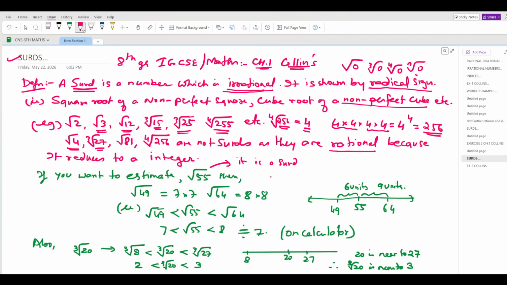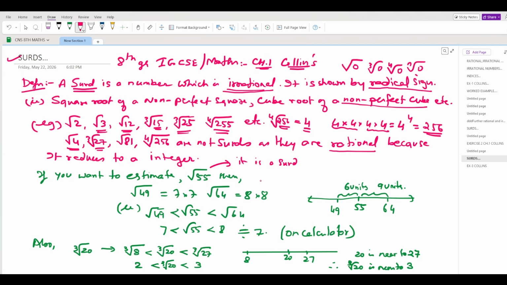Okay. Second thing is, if you want to estimate the value of root 55, what is the trick? What is the method, and what are the steps that you have to follow? Of course, you will not get an exact value, but you can estimate the value of root 55. Now, how to do that?